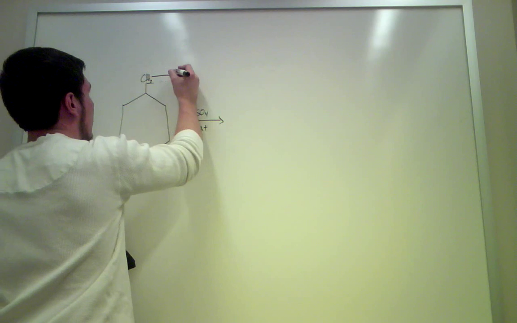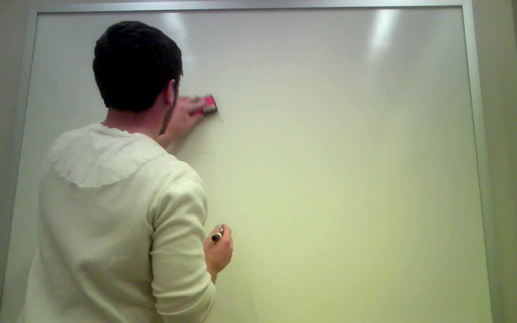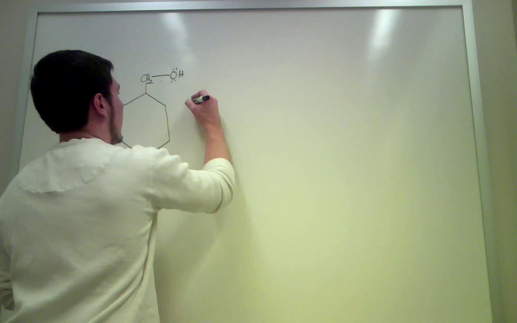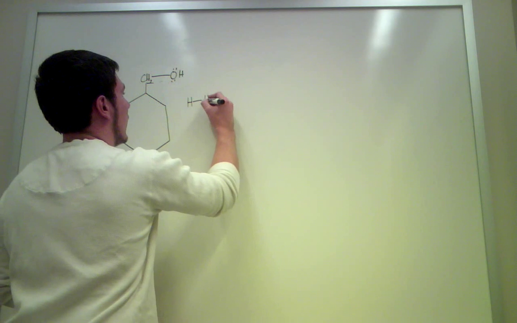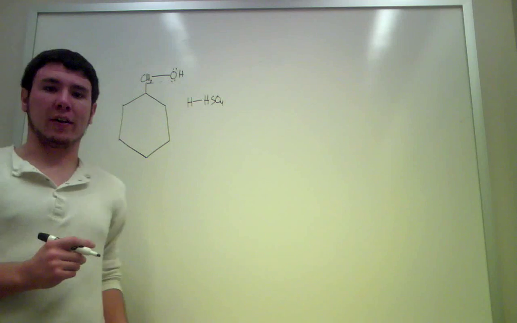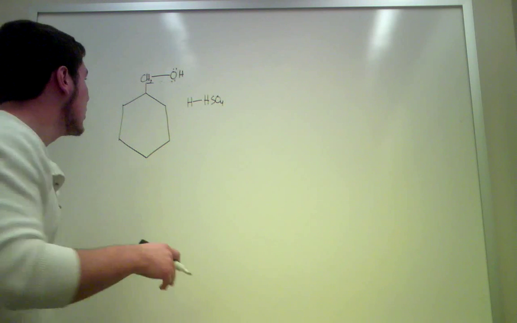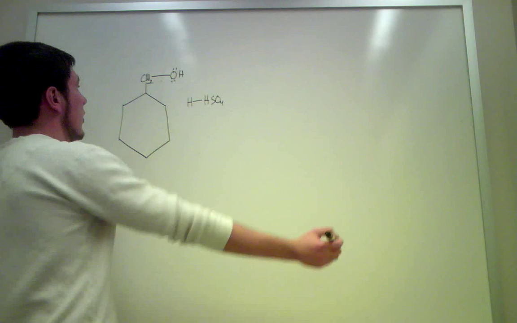This is bonded to an OH, and we've got a bunch of acid just floating around there. So the mechanism for this is going to look very similar to this.